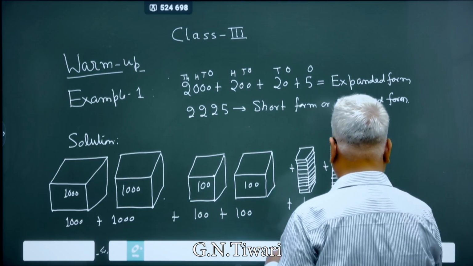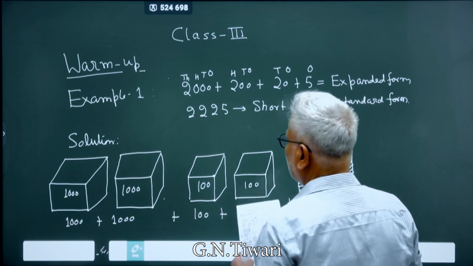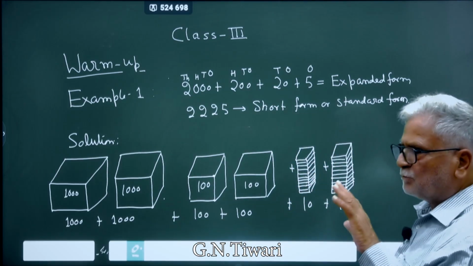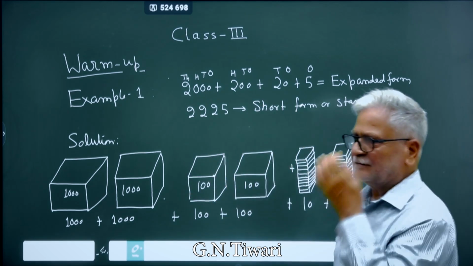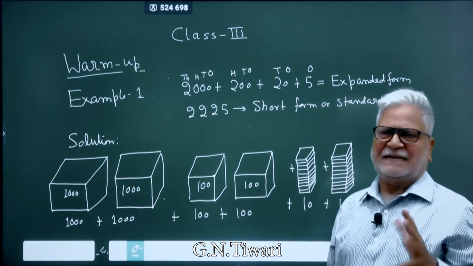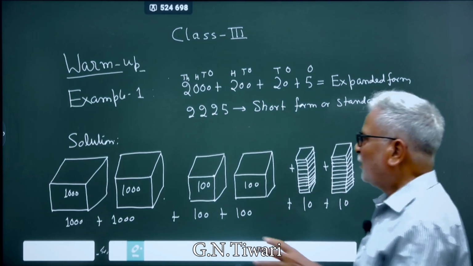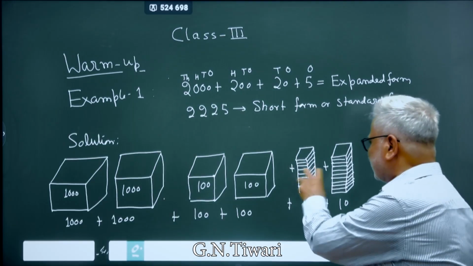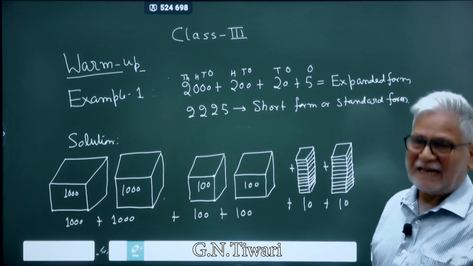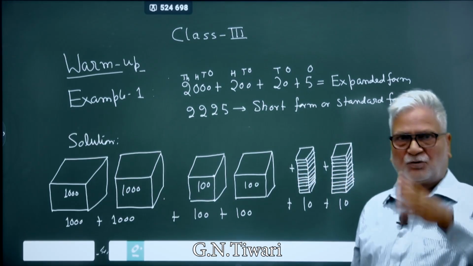It is again 10. Now pay attention: in a printed book, this photograph is already there, so students don't understand whether this represents 1000 or 10. That is why I am encouraging the students to make it by their own hand.